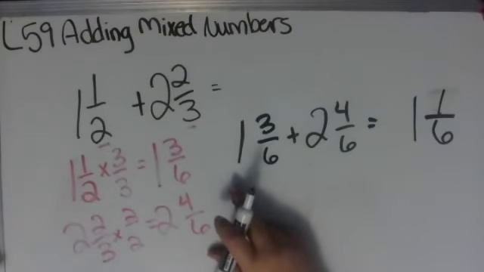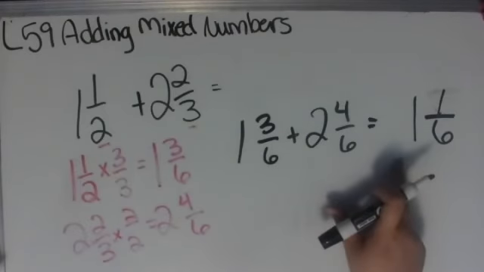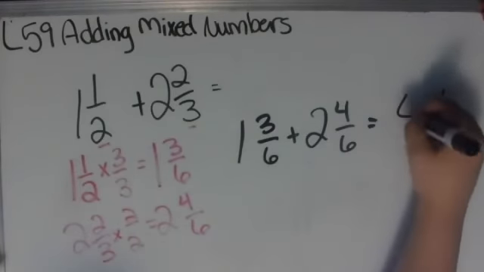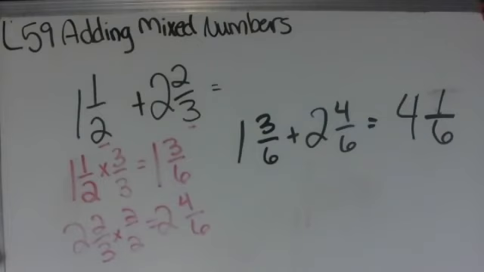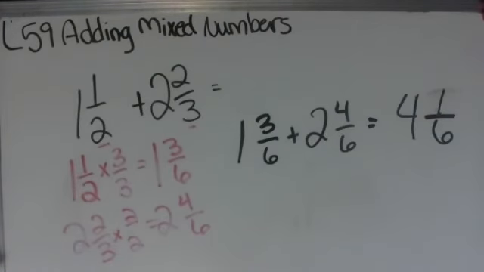Now I add my whole numbers. 1 plus 2 is 3, plus this one is 4, so I get 4 1/6. If I was looking for lowest terms, this is already lowest terms because the numerator is 1. As soon as your numerator is 1, you're already lowest terms.